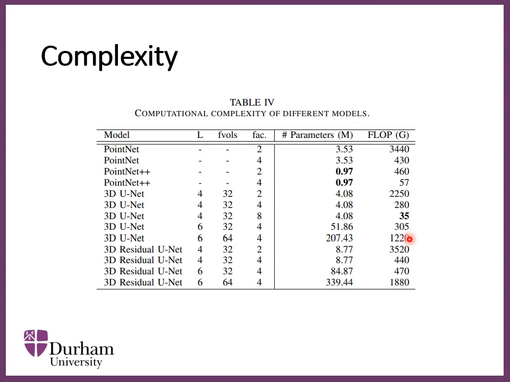So we may also consider the model complexity when we deploy the actual algorithm to the CT scanning machine. So this is also very important information to consider, together with the performance we reported in the previous slides.